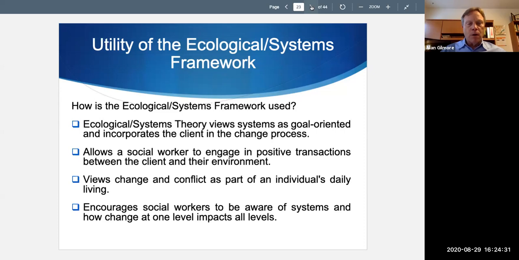And part of what we're always working on with our clients is to help them recognize that change and conflict is going to be a constant in their life, and that the more that we can provide them with the tools and the resources to be able to manage those kinds of things, and particularly the anxiety that might come up for them relative to those experiences happening, those will be tools that they'll be able to take away after we've ended our therapeutic relationship with them, and be able to use hopefully in the future. Because nothing's more constant than change and conflict. It encourages social workers to be aware of systems and how change at one level impacts all levels.